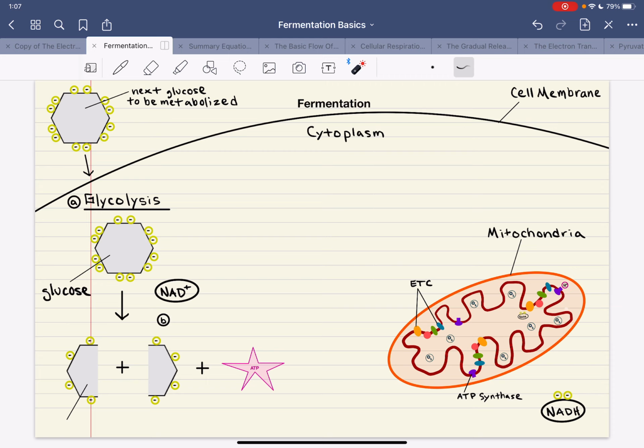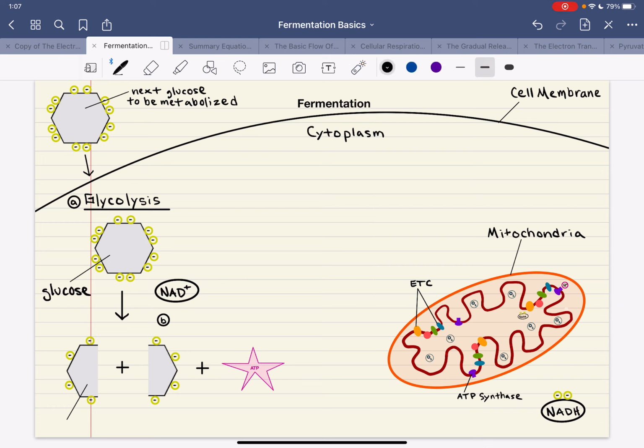And remember, glycolysis is still pretty complex. It's like 10 steps. We're going to summarize that whole process. What happens is we split glucose in half, generating 2 molecules of pyruvate. And in the process, we're going to produce 2 molecules of ATP in a very special way that doesn't require oxygen.